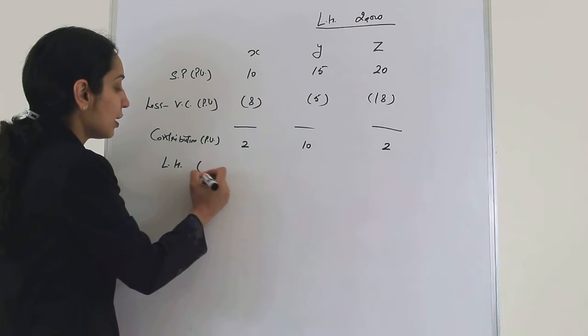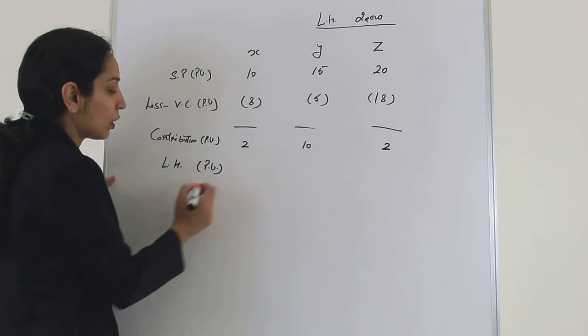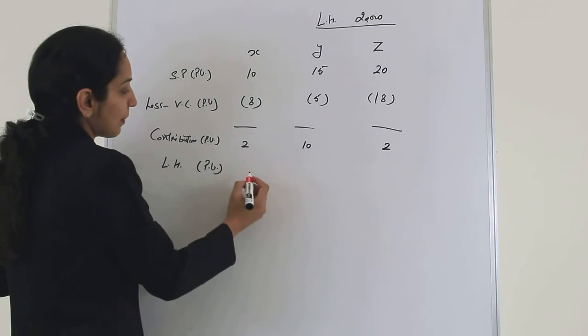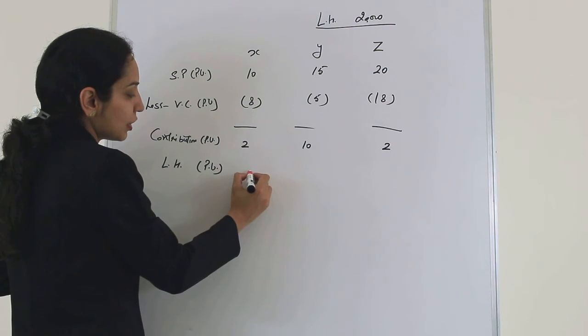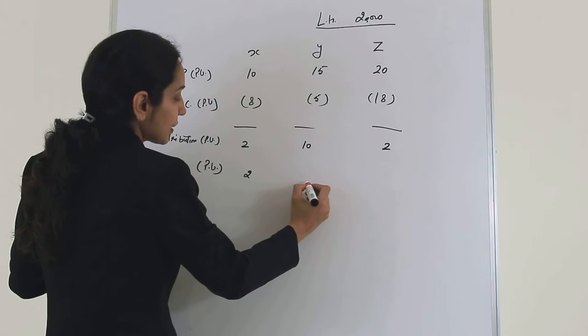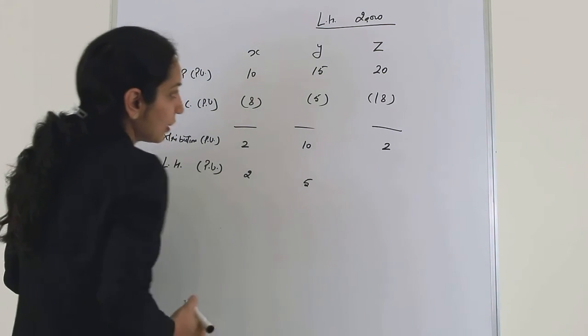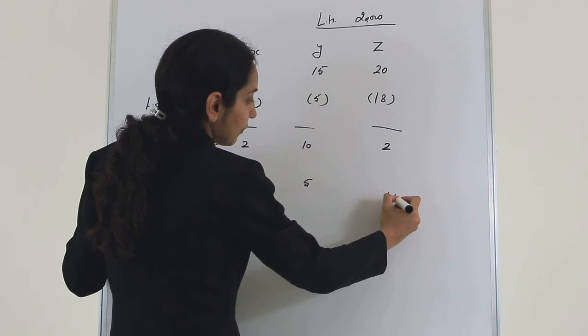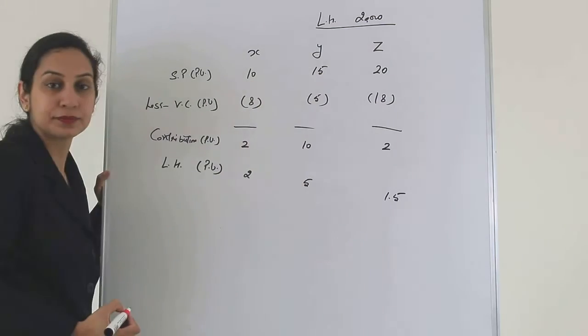So let's see how many labor hours are required to produce one unit. For X it is 2 hours per unit, for Y it is 5 hours per unit and for Z it is 1.5 hours per unit.